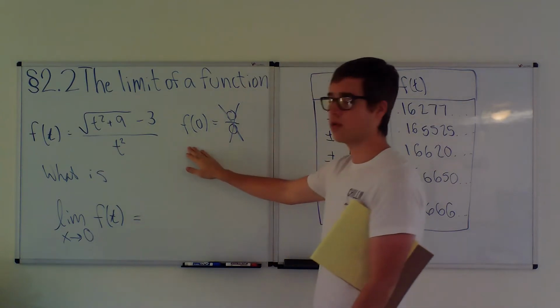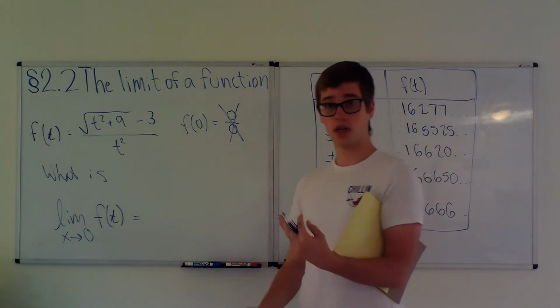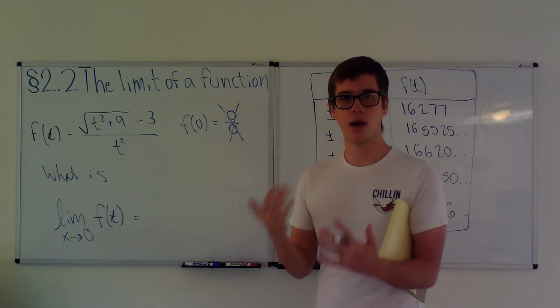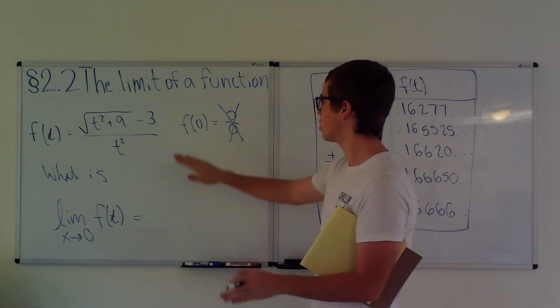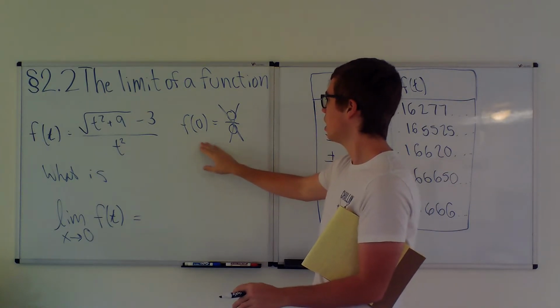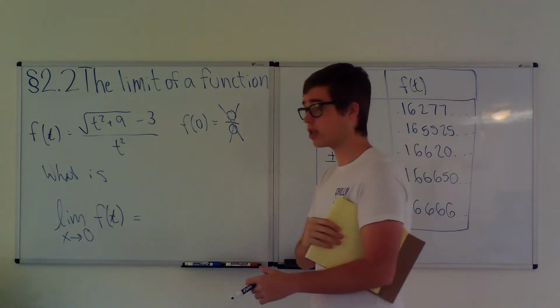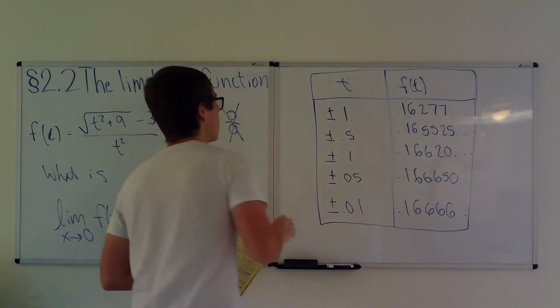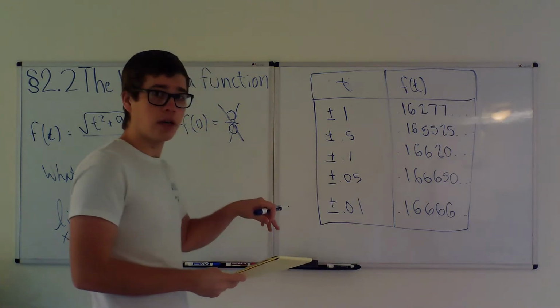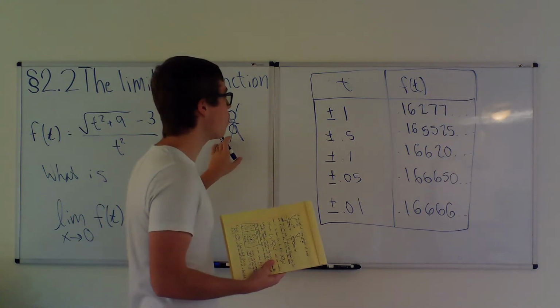Remember the first example I showed you, where you plugged in 7 and you got 18? Sometimes that will work. Other times, not so much. You plug in 0 into f of t, and you get 0 over 0. And again, we don't want that. If it was 0 over 1, that would be fine, because that equals 0. But we just can't have anything over 0.